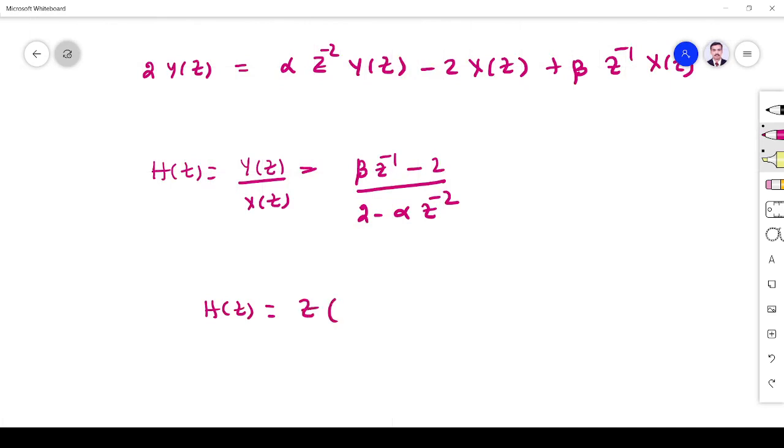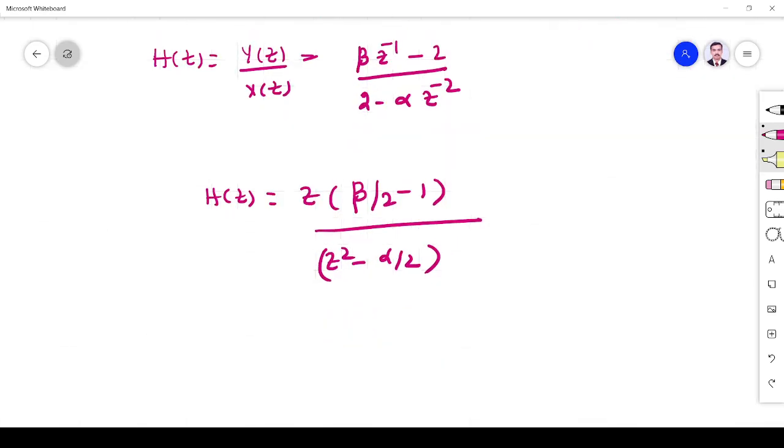So I take z outside, and I take 2 also outside: beta by 2, z power minus 1, and in the denominator 2 and z power minus 2. So if you simplify, I will get this. This is H of z.